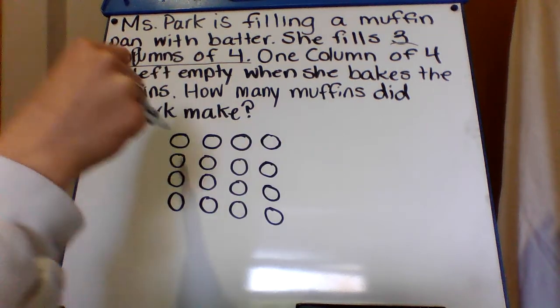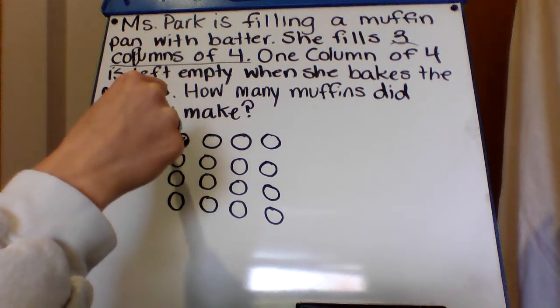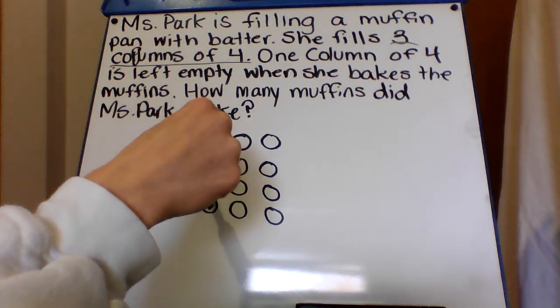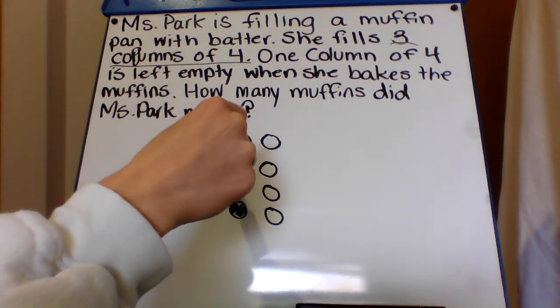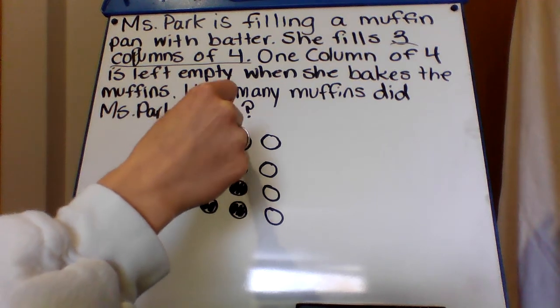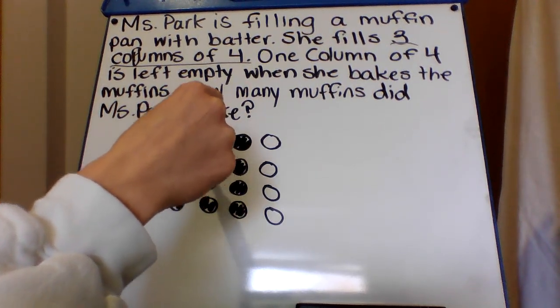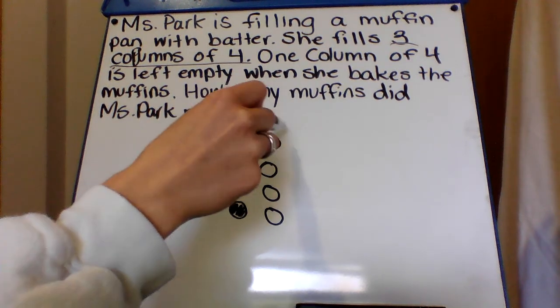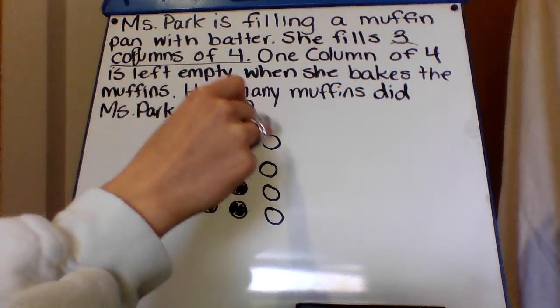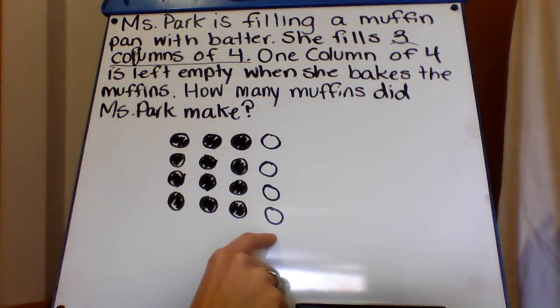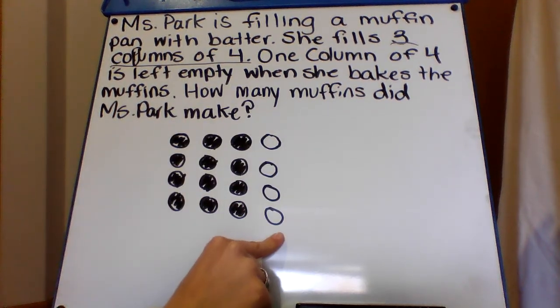So in order to show that these are full, I'm going to color them in. She filled these with batter. These are all the muffins that she's making. But I don't want you to forget this column over here. It's empty. She ran out of batter, okay?